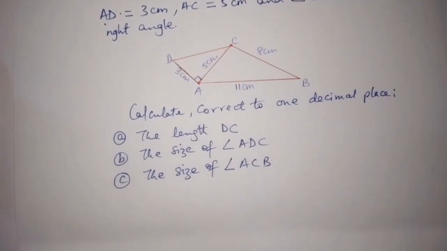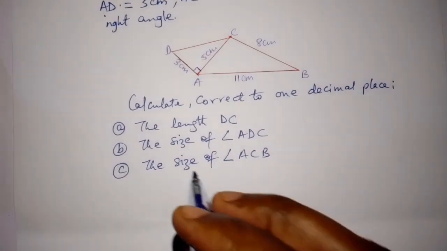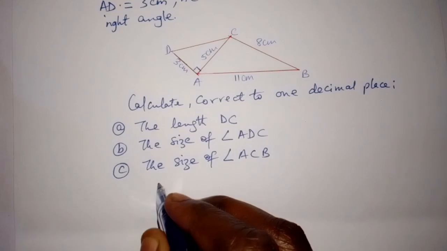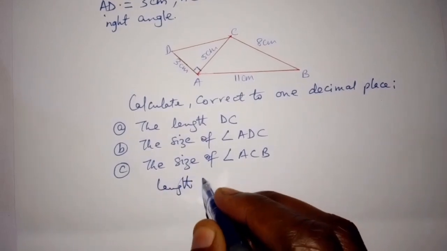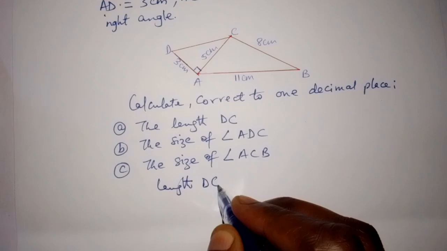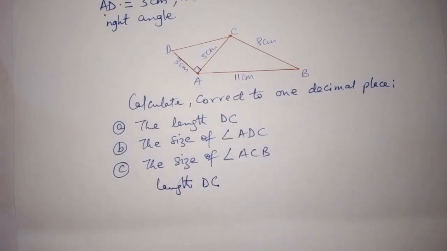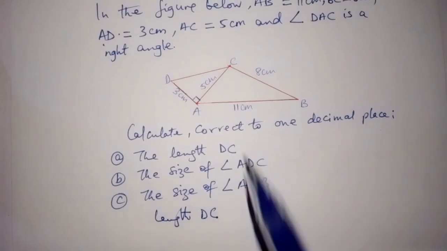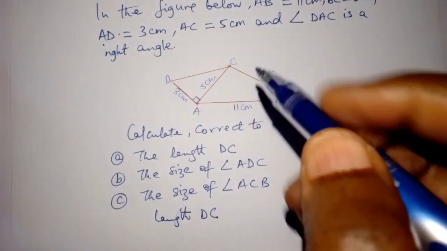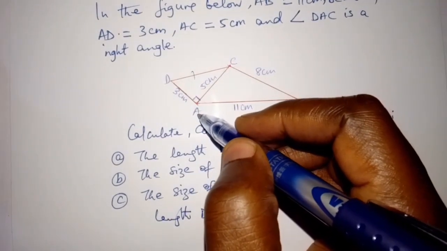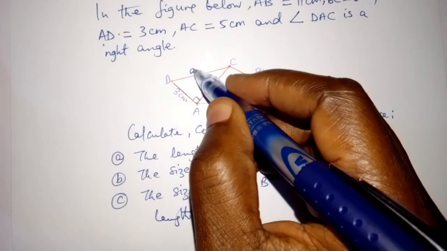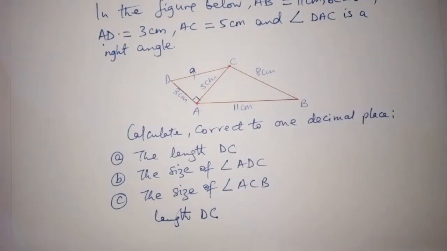So now we want to calculate the length of DC. DC is opposite A here, so we can name it as a.